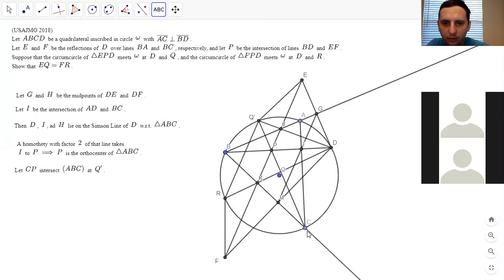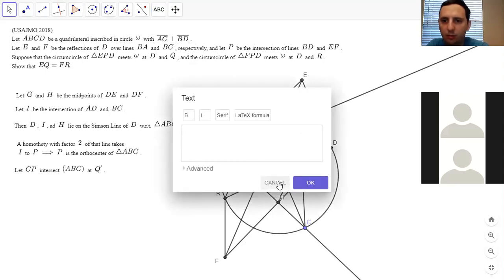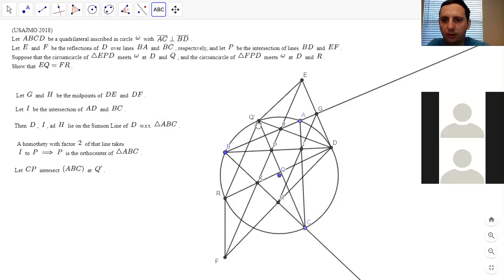So let's see. Since P is the orthocenter, Q prime is a reflection of P across AB. But how do we know that CP is perpendicular to AB? Is that obvious? Oh, because P is the orthocenter. Yeah, you're right. Well, because we know AE equals AD.